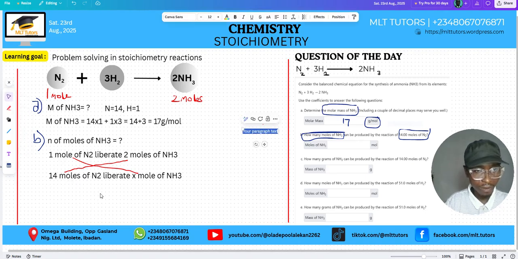So we have X multiplied by, let's just say X mole now, so that I'll be able to differentiate.